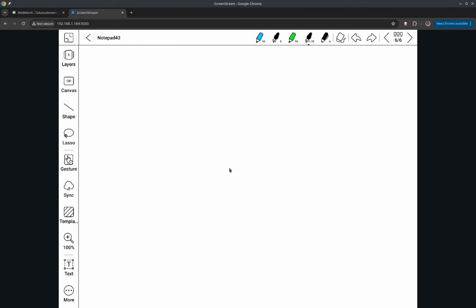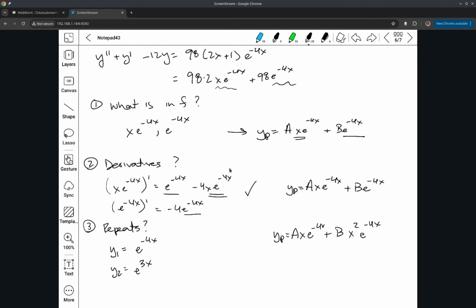So I've got yp is a x e to minus 4x plus b x squared e to minus 4x. And I'm going to be plugging into y double prime plus y prime minus 12y equal to 98 times 2 plus x e to minus 4x. Let's see what I have to change.